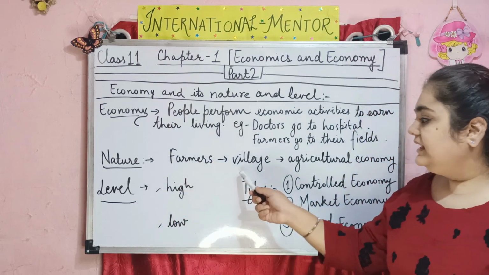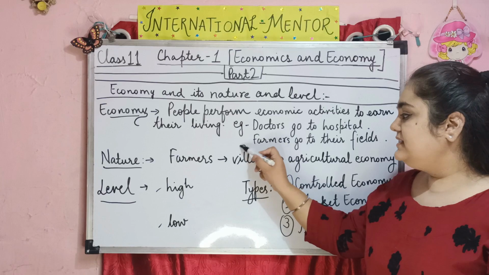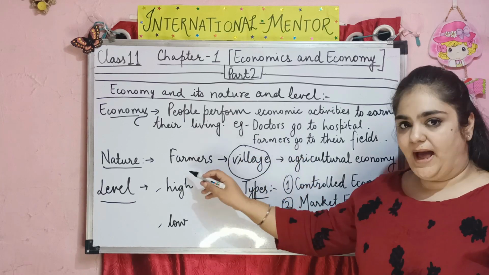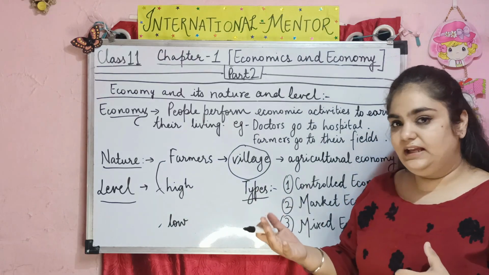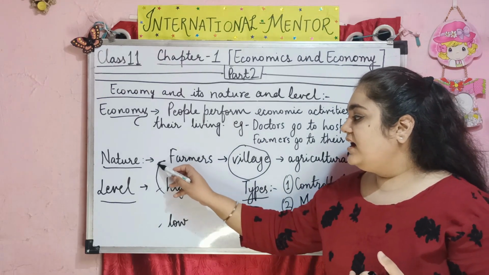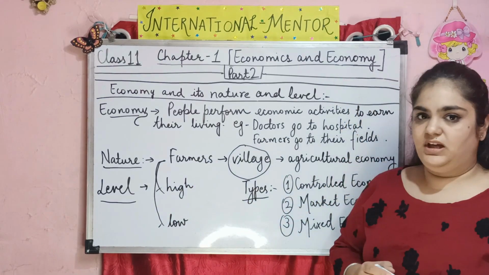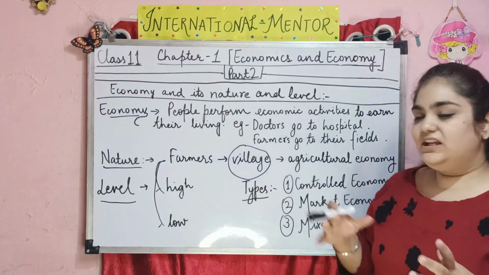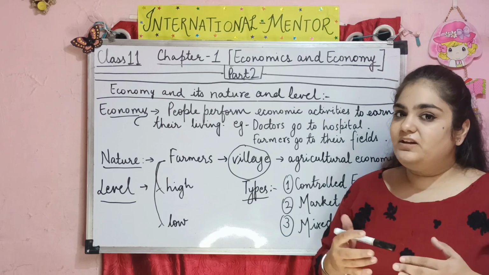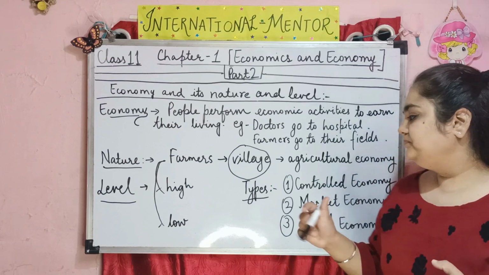For example, in the same village there must be a farmer who would earn a high income, as well as a farmer who would earn a low income. So it depends on the level of the farmer. So nature can be the same, but the level depends on the individual.